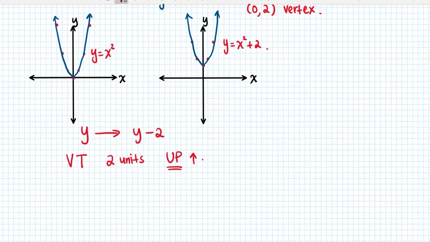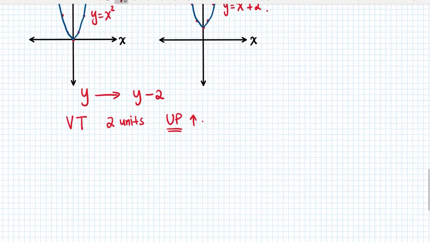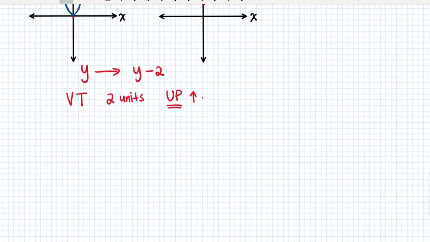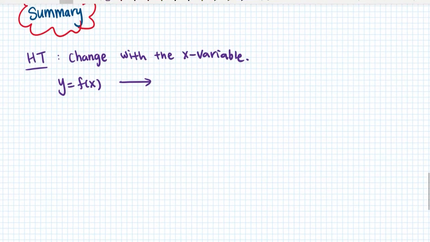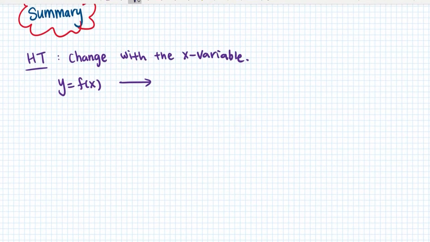So let's summarize for translation for horizontal and vertical. For horizontal translation, it is the change with the x variable. When we start with y equals f of x, it's the original, and it is applied to adding or subtracting a constant to the variable x.